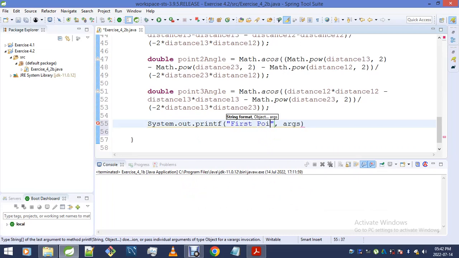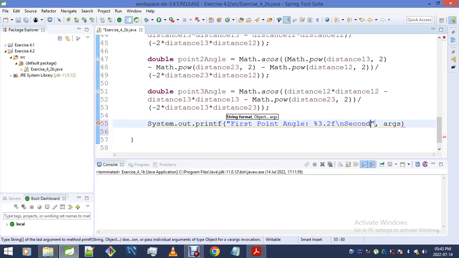First point angle. Percentage 3, let me go 3 spaces. How many numbers do I want after a comma? Let me go 2 and then f. Right? And then I go to the next line.